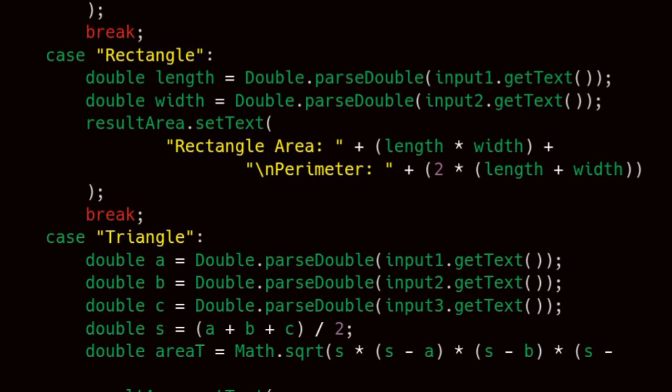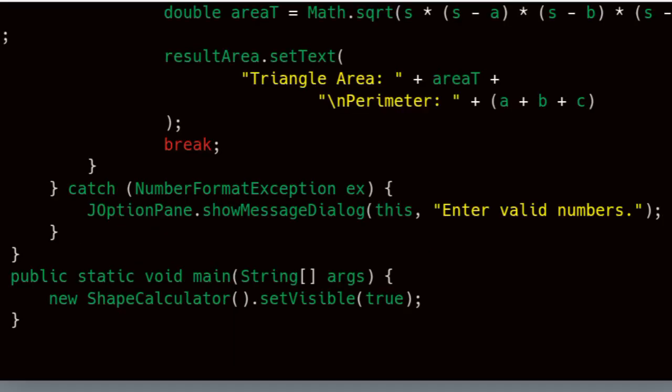And for a triangle, it uses Heron's formula. First, it finds the semi-perimeter, then calculates the area using the square root formula, and sums all sides for the perimeter. If the user enters invalid values, the program shows a friendly error message to enter valid numbers.